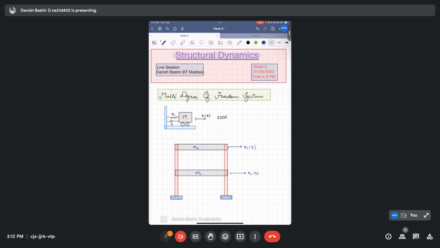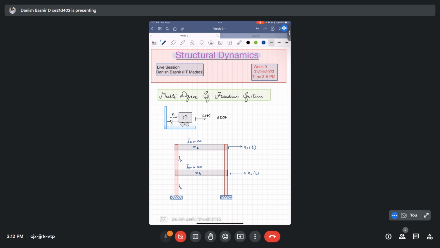This floor is supported on a beam system, so we assume the moment of inertia of these beams to be very high, that is, a high stiffness. Let the height of each floor be h.